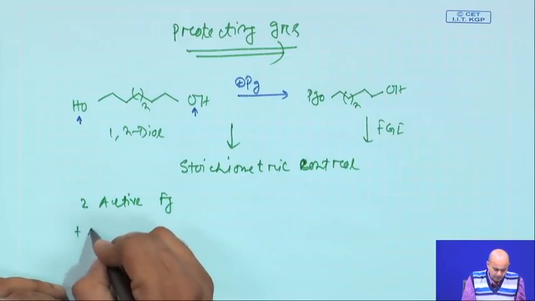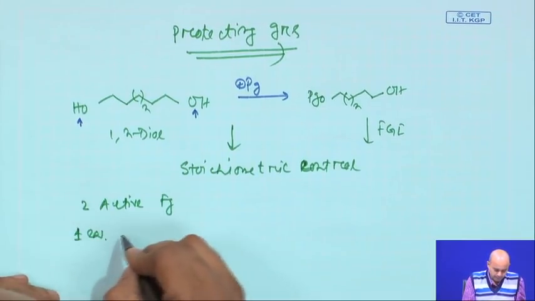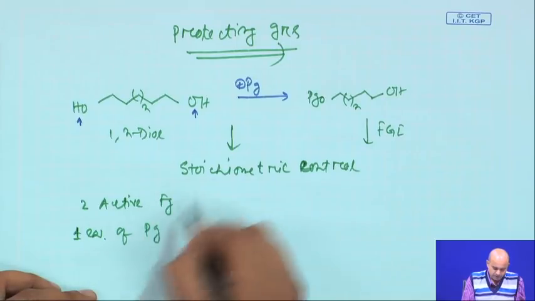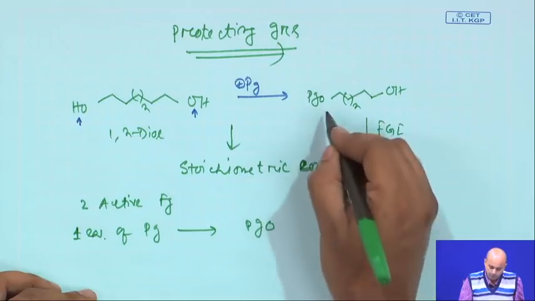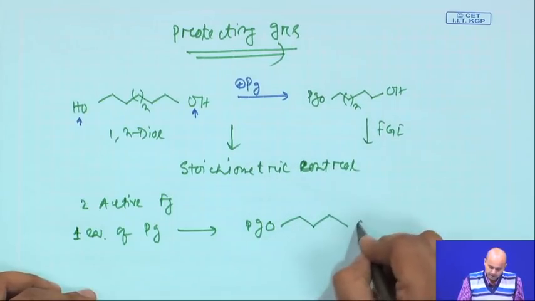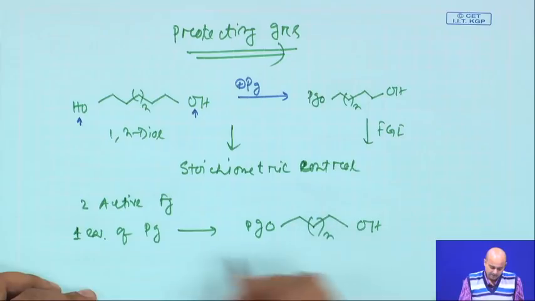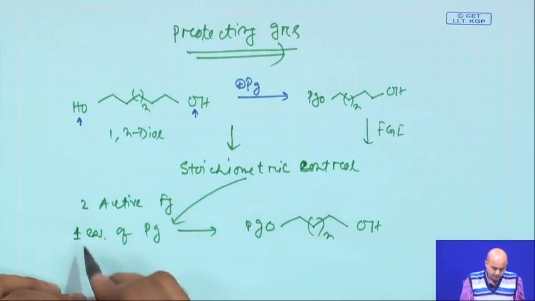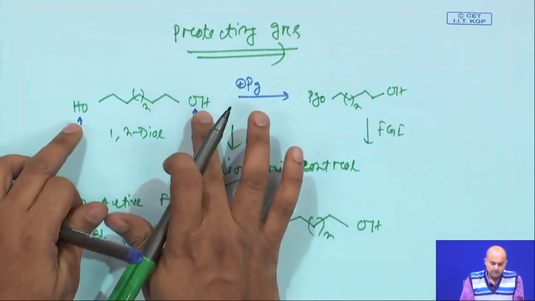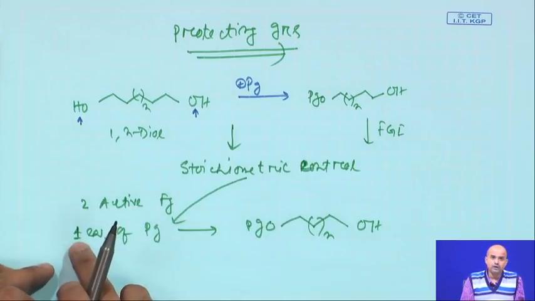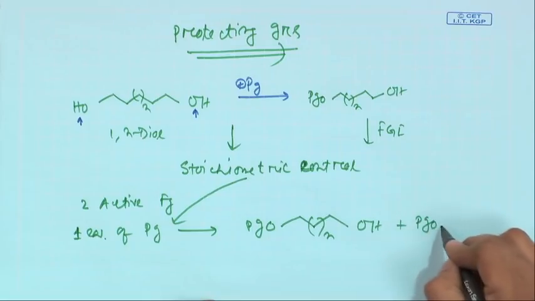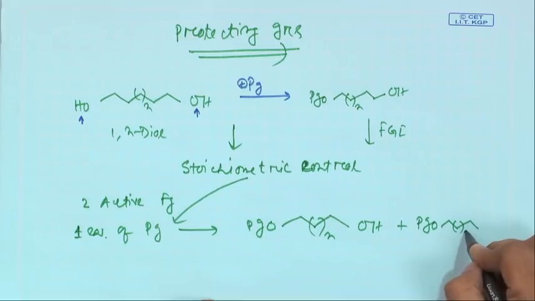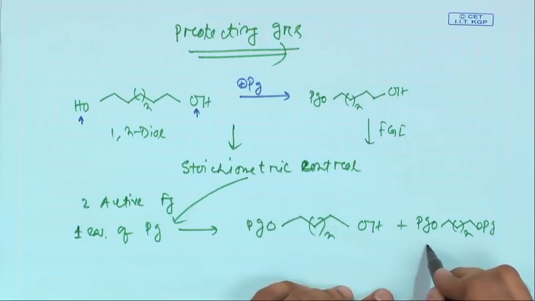Now, you use one equivalent of PG, the protecting group. So, make sure the PG blocks one end of the active functional group, and the remaining end remains intact. So, this stoichiometric control means your two equivalents are the two active parts and you are using only one equivalent. Sometimes definitely you have a little bit of di-protected compound as a byproduct, that is a side product.